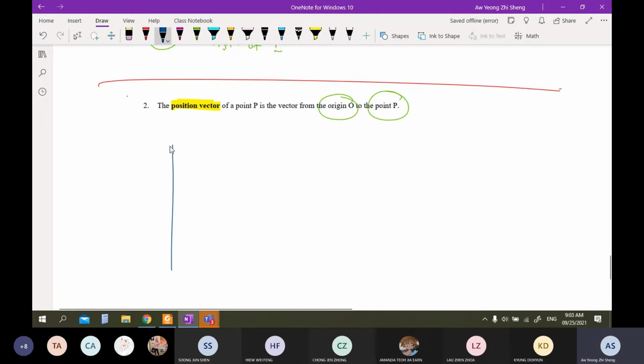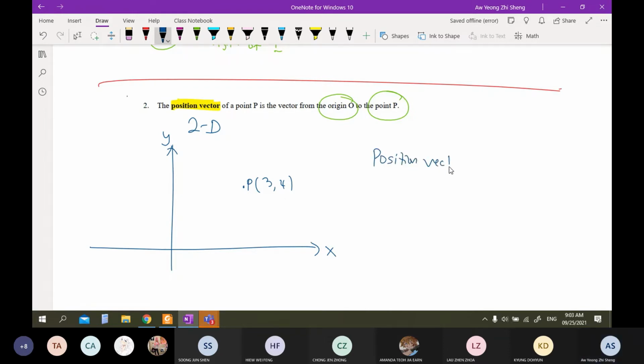So for example, let's say this is a 2D diagram with the usual x and y axis. If I have a point P with coordinates 3, 4, and the question wants you to find the position vector of P, what it really means is it wants the vector from O to P. And to get the vector from O to P is very easy.